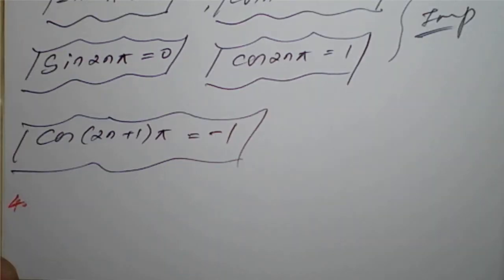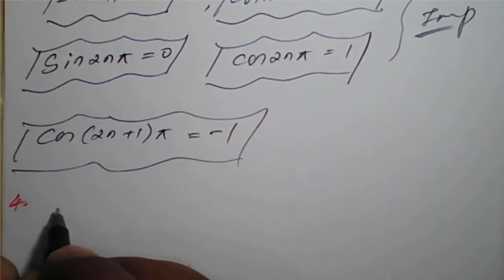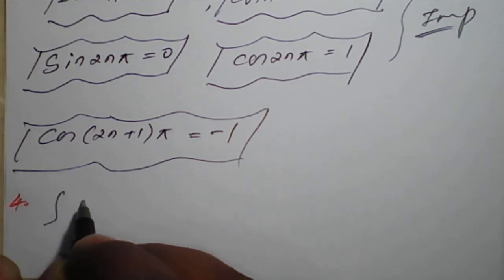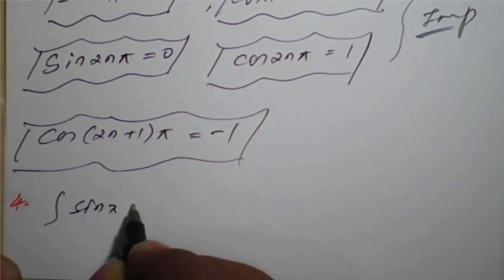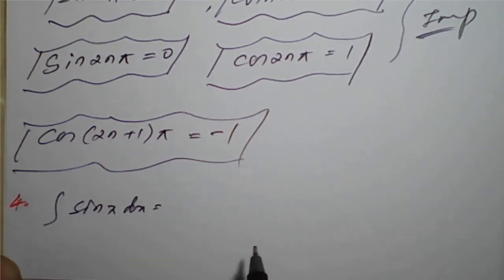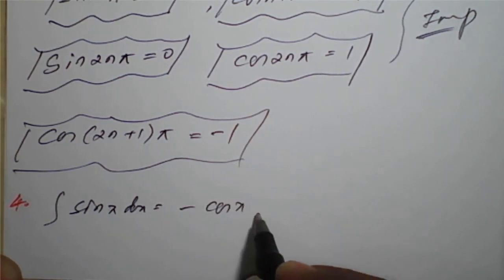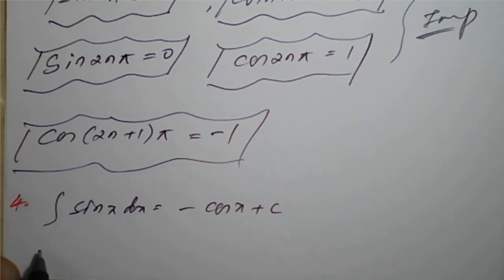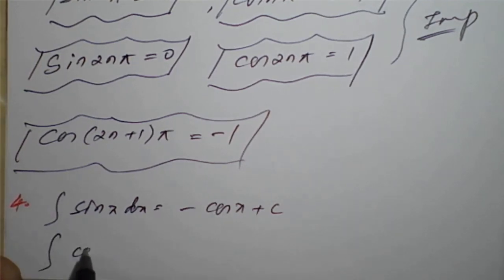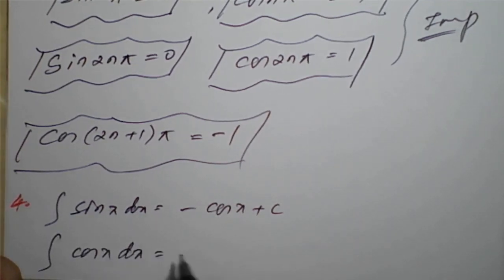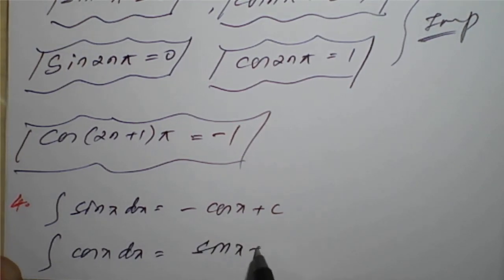And one more, already you know it. Integration of sin x dx is minus cos x plus c, and integration of cos x dx is sin x plus c.